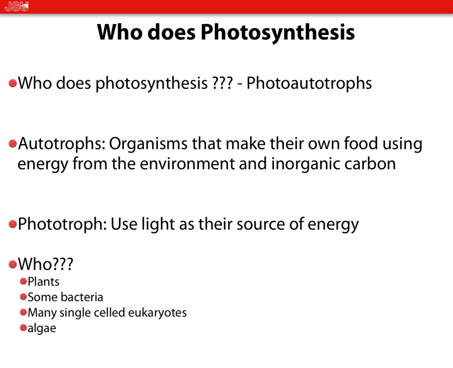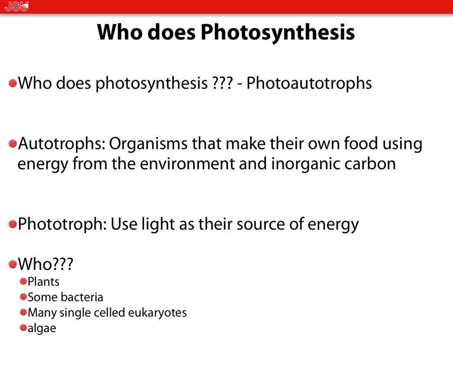What's a phototroph and what's an autotroph? You should know the definitions for autotroph and phototroph. Autotrophs are going to be organisms that bring in carbon dioxide and make their food from that carbon dioxide. But autotrophs, they're going to use carbon dioxide as their source of carbon.